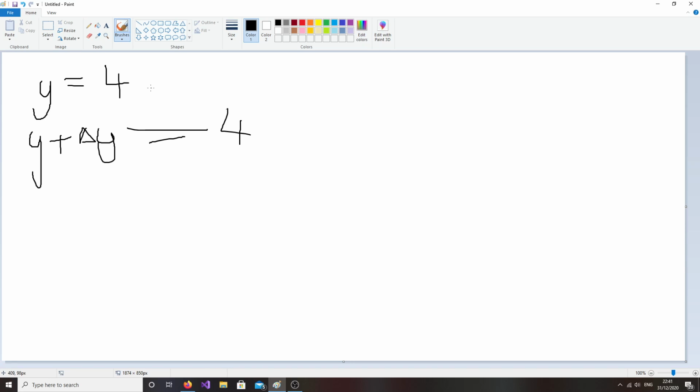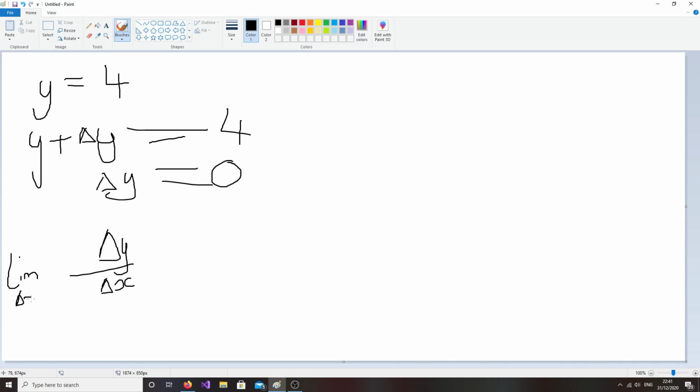Now y equals 4, so delta y is 0. And so delta y over delta x, and if we take the limit as delta x approaches 0, it equals 0. And there we go. Sorry, that was a bit messy.